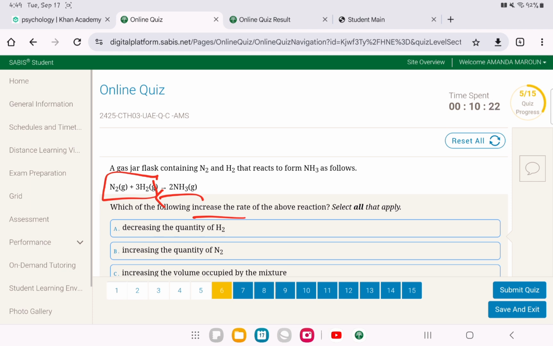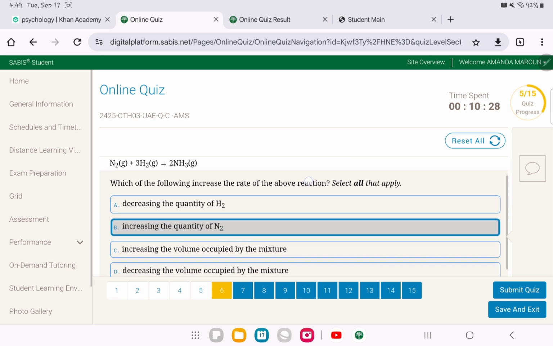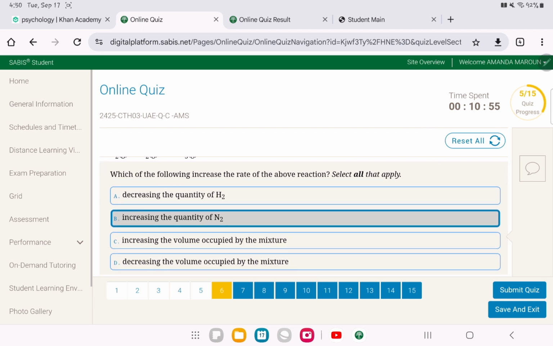To increase the rate, we can increase either quantity. You increase the quantity of N2 or the quantity of H2. You increase it, you don't decrease it. And then you can increase the concentration. You can also increase the temperature. You can decrease the volume, okay? And you can increase the pressure.